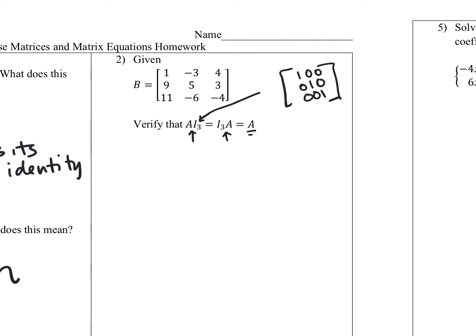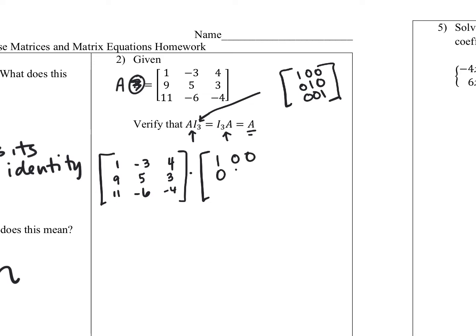So if we're checking on that, well, it does say matrix B, but really we can relabel that as A. So we want to take 1, 9, 11, negative 3, 5, negative 6, 4, 3, negative 4. And we want to multiply that times that identity matrix.